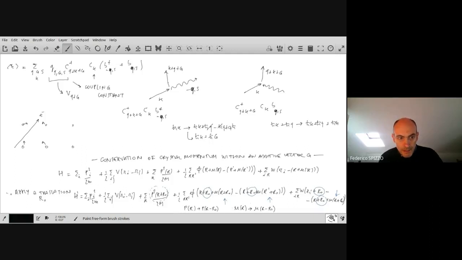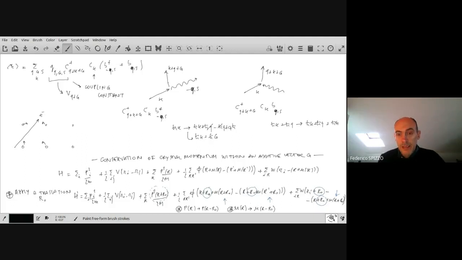So if you apply this translation here, and you also apply this transformation, then you observe that the effect of the translation is this one here, and the effect of this transformation is to transform this R plus R0 into R, and this U of R plus R0 into U of R. So the idea is that a uniform translation of the electronic coordinates, together with this transformation applied to the ionic coordinates, brings the Hamiltonian back to the initial configuration.